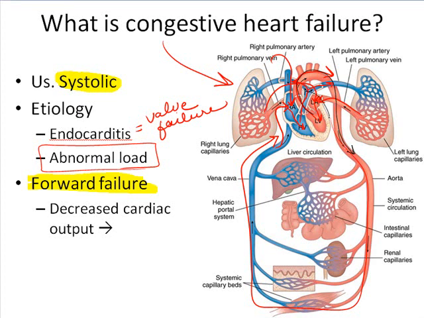So imagine that if the left side of my heart is not pumping adequately, it's not circulating sufficient amounts of blood. Of course, it would make sense that forward from that point, the systemic circuit is going to have difficulty receiving an adequate amount of oxygen, and so it's going to become ischemic, and that decreased cardiac output is going to be impacting those organs. Now, eventually, what's interesting is that forward failure can also lead to what's called backward failure.